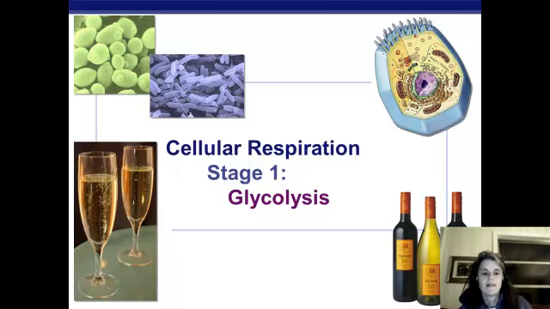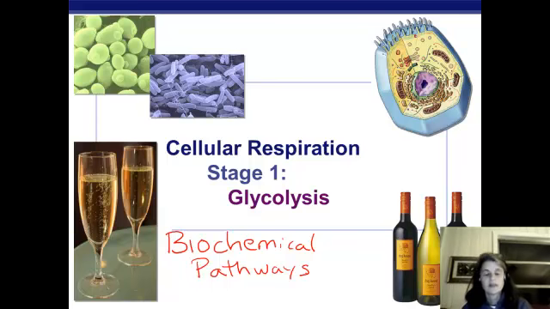First of all, this concept, biochemical pathways. We touched on this a little bit when we talked about enzymes back in the biochemistry unit, but we need to revisit it. A biochemical pathway is simply a long series of chemical reactions where you start with some substrate, and an enzyme helps you convert this substrate, I'll label it S, into some product that you need.